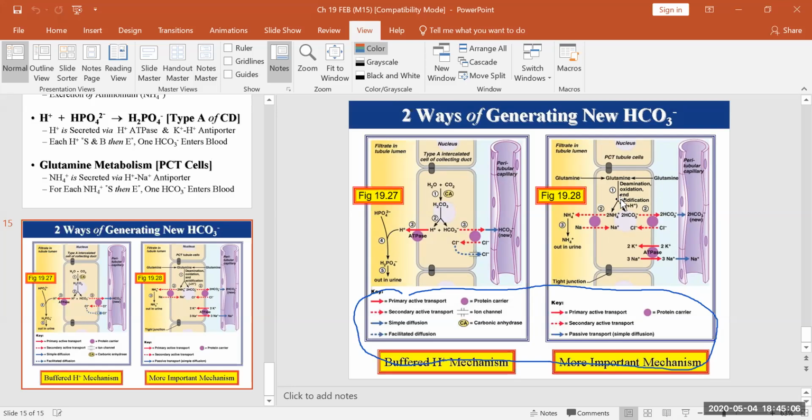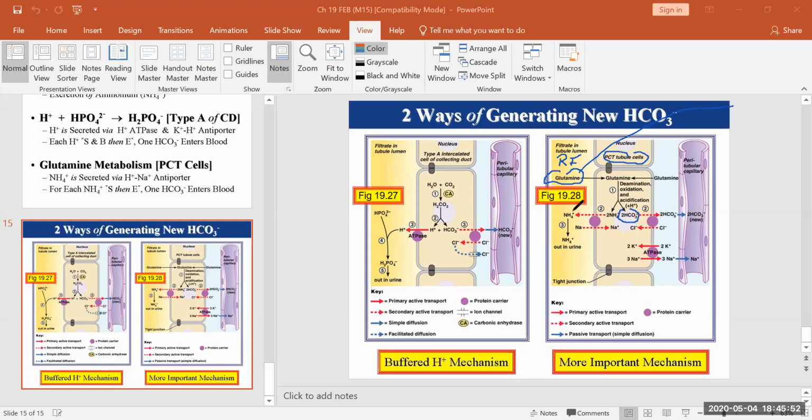This is the most important mechanism allowing the body to create new bicarbonate, and this is how it works. Glutamine is an amino acid, and that amino acid was also filtered by the glomeruli, right? So it was filtered out. We're talking about the PCT here, so this is the renal filtrate. As glutamine gets in, each glutamine will be used to produce 2 bicarbonate.